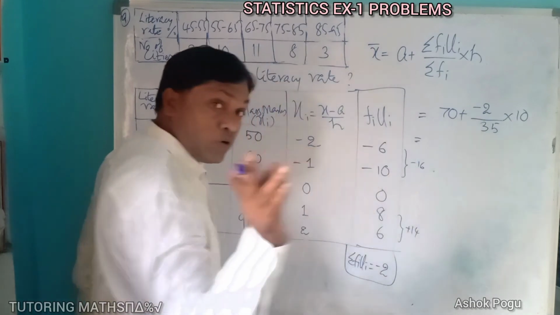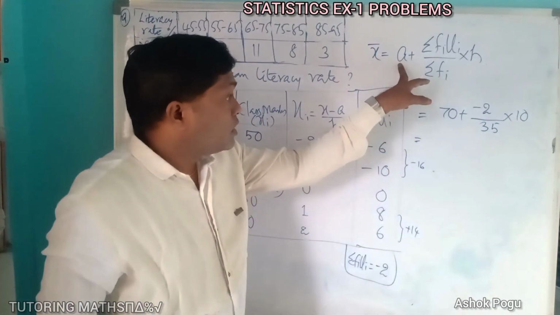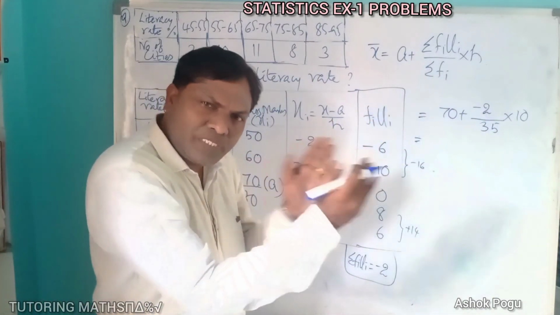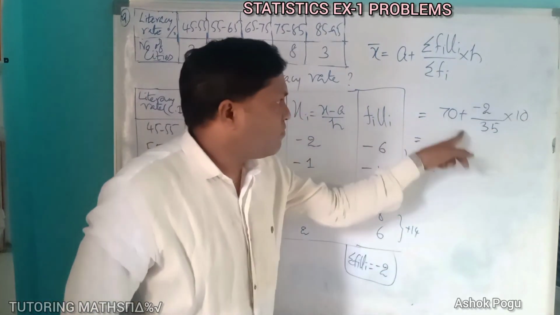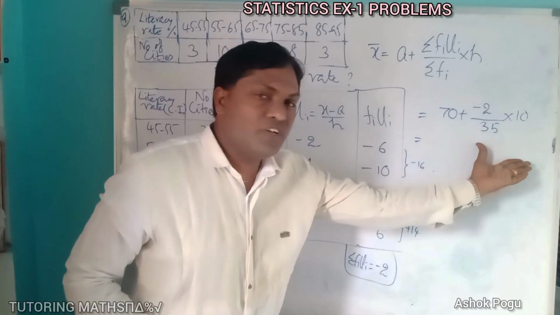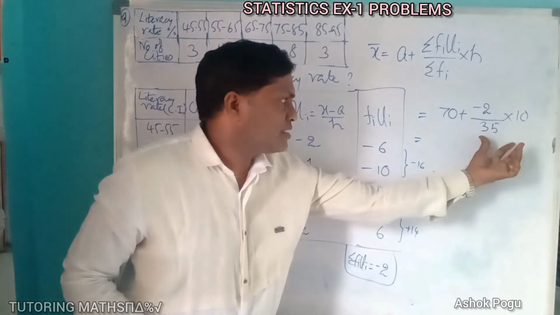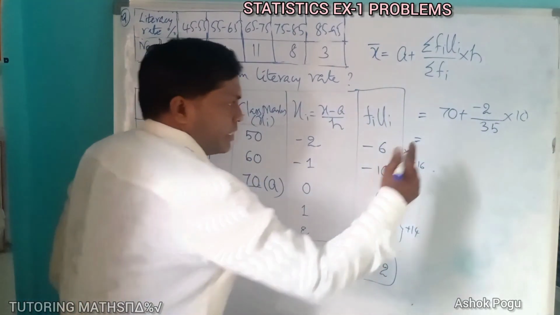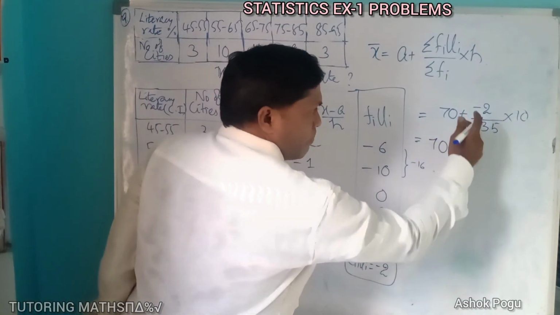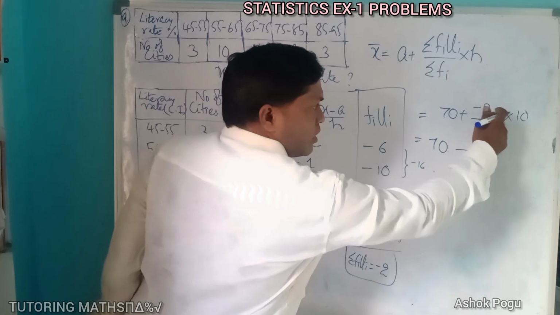Simplify this. As I told you in the previous video, small a should be kept separate till the last step. First simplify this part, then add or subtract the result according to the symbol.